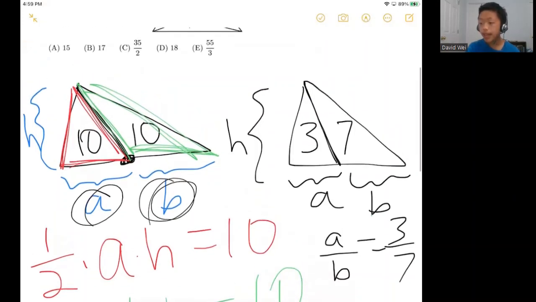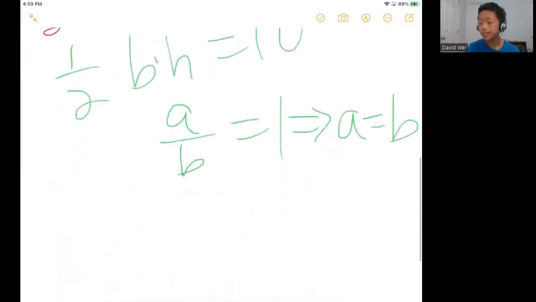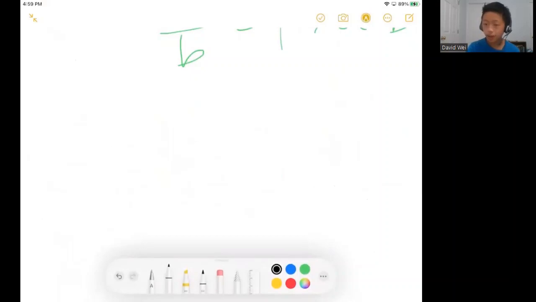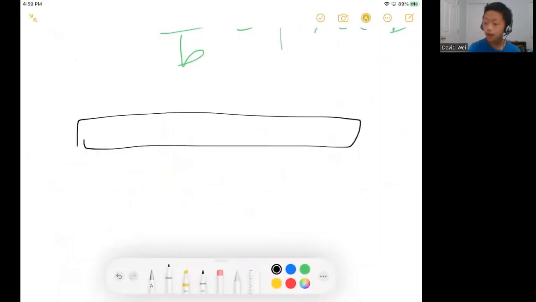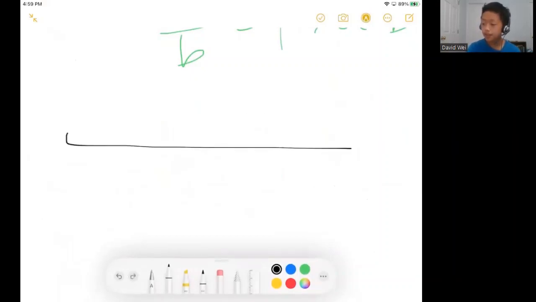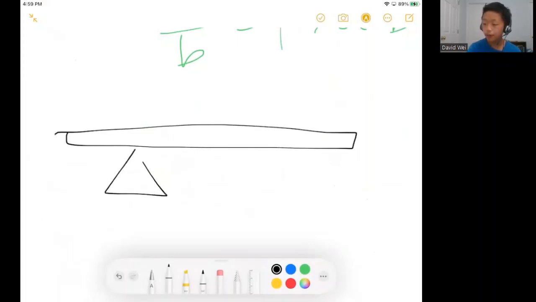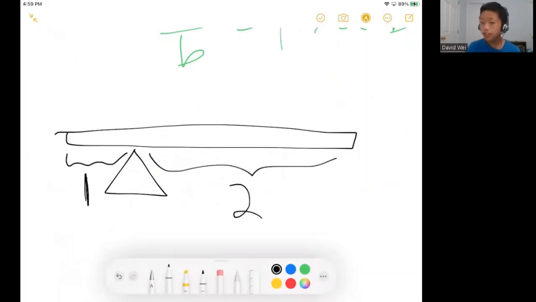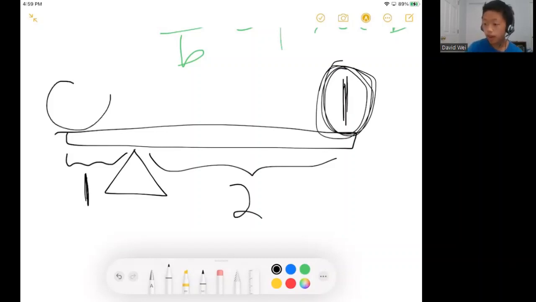Again, let's quickly review what mass points are. Remember, if you have a seesaw with a fulcrum here, let's say this distance is 1 meter and this distance is 2 meters. Now suppose you put a 1 kilogram object on this side of the seesaw. You want to balance the seesaw, so you want to know how heavy an object you have to put on the other side.